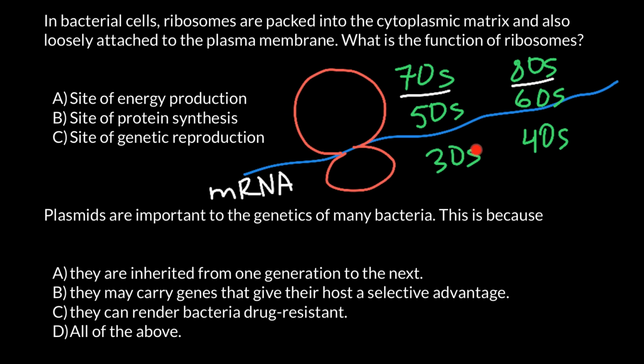So that's why we have numbers here that don't add up to, for example, 80S, but instead we have 70S here, because a ribosome as one unit has a different speed than two subunits centrifuged separately.